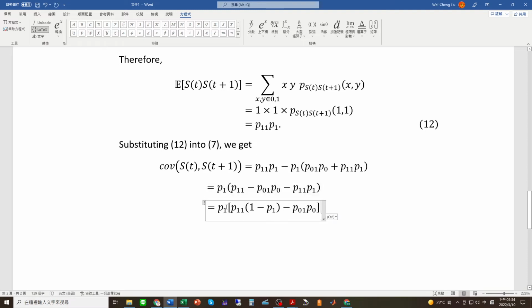Here is P11, and P11 times P1 here, so here is a term minus P1, and minus P01 times P0 is moved to here.